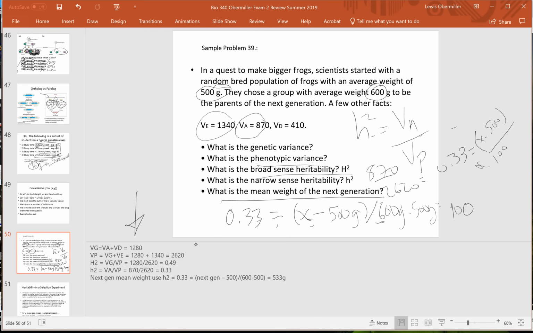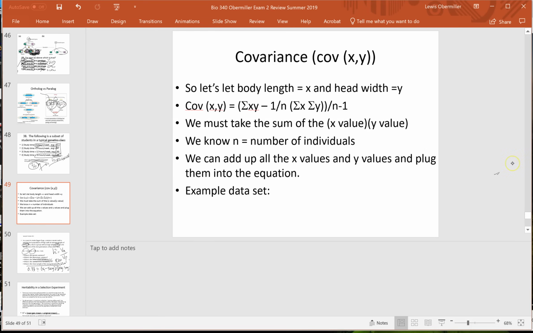So we just cross multiply that, and we get 33 equals X minus 500. Then we add 500 to both sides, because that's a negative 500.